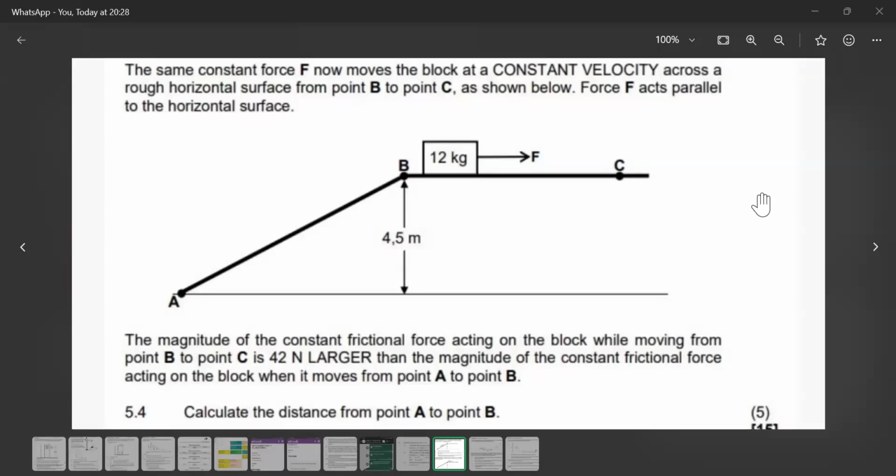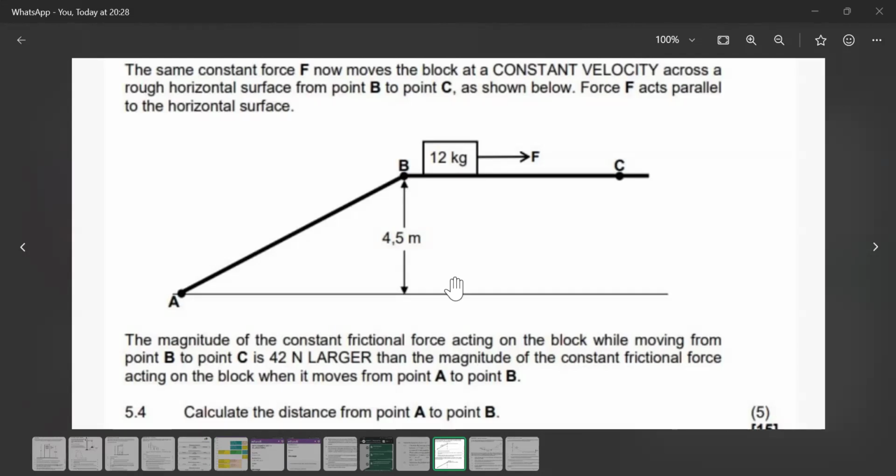Okay, so moving on, they say the same constant force now moves the block at a constant velocity across a rough horizontal surface from point B to point C, as we can see in this diagram. The force F acts parallel to the horizontal surface. But listen to what they say further on.